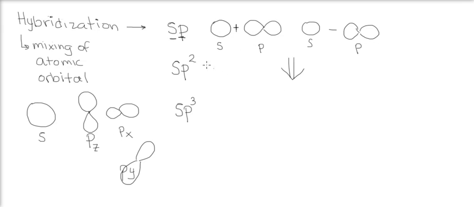So we actually end up getting 2 sp orbitals when we mix an s and a p. And the only difference is that one is oriented to the left in such a way that it points left, and the other sp orbital points to the right, as such. And they sort of meet in the middle.